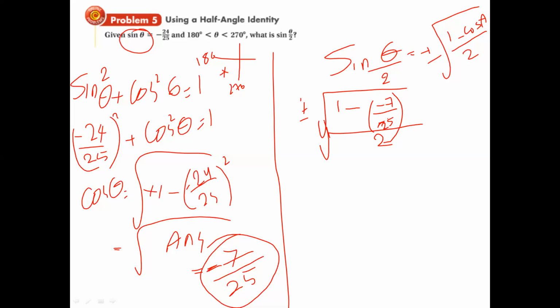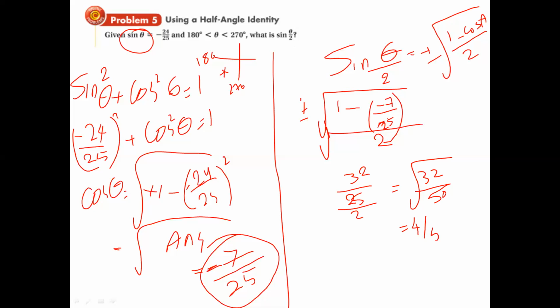It is 32. So it will be 32 over 25 over 2. So it is 32 over 50, square root of it. Square root of 32 over 50, which is 4 over 5.